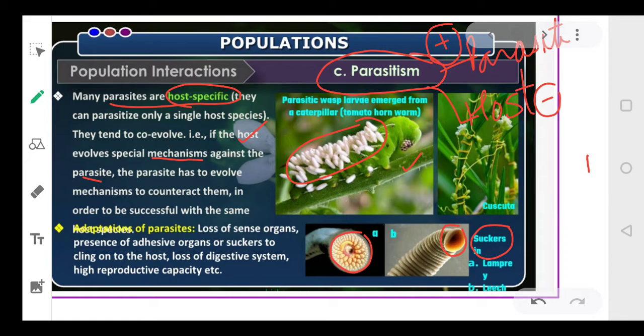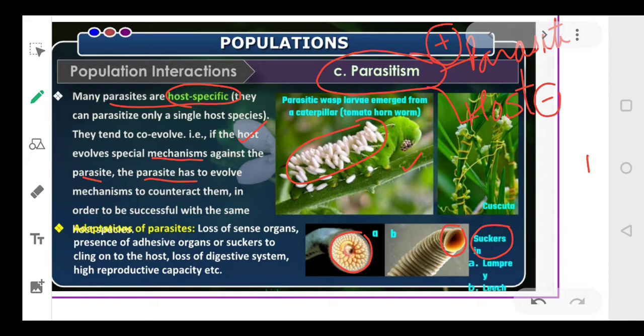In the same manner, the parasite also develops mechanisms so that it can effectively bind to the host. So both the host and the parasite evolve together, so that the host can combat or avoid the parasite, while the parasite develops mechanisms to counter the host and develop in a better way in the host body.